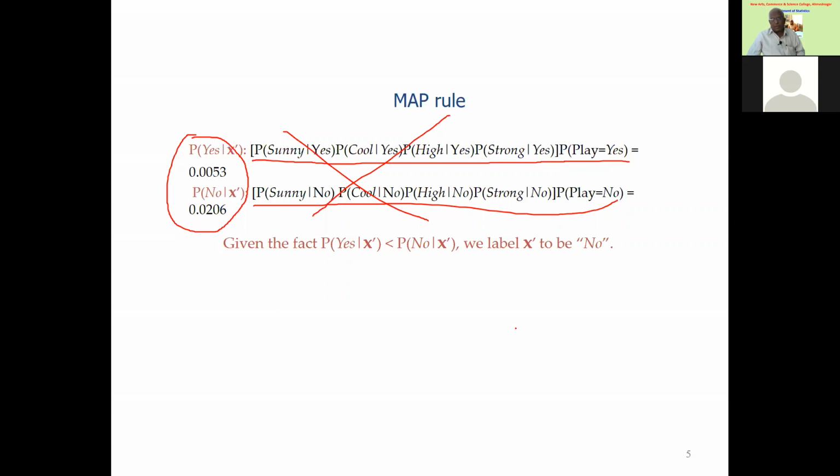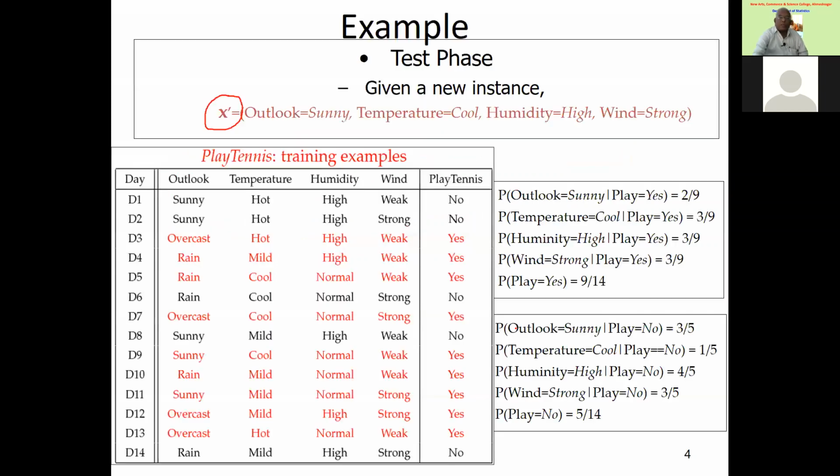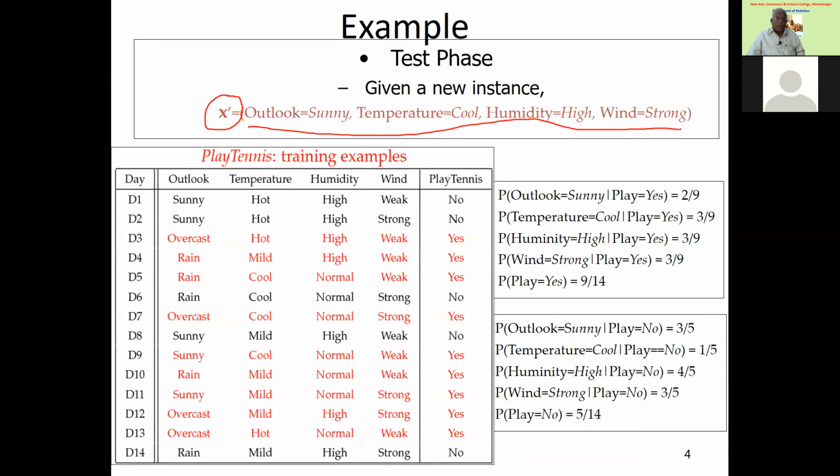For the simple reason that this is one possible occurrence among so many occurrences. Now let us see how many possible occurrences there will be. For example, outlook, there are three possibilities.